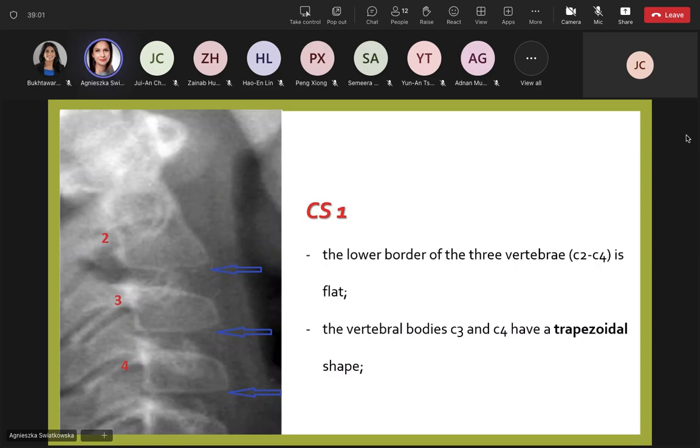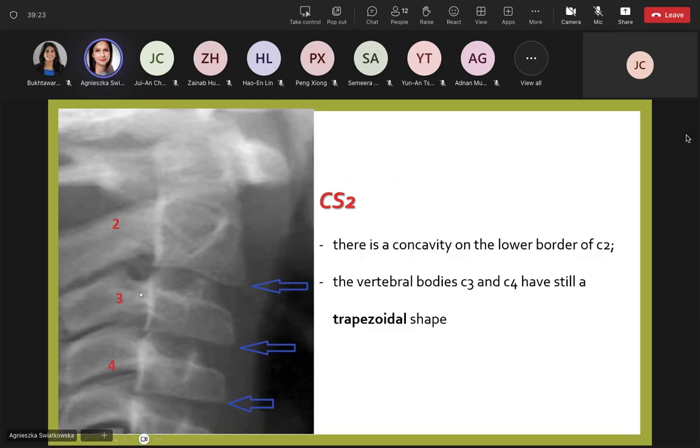What else can we see here? Characteristic is, of course, the shape of the vertebra, which we estimate for the third and fourth vertebra. And here the shape is trapezoidal, as you see here.